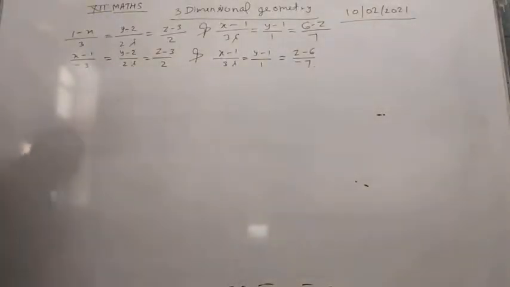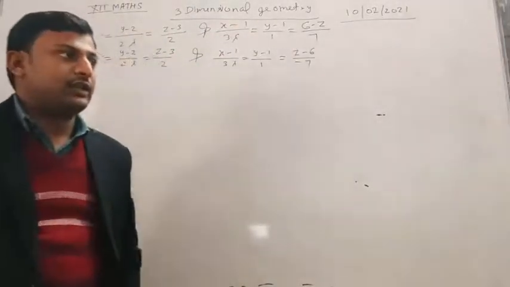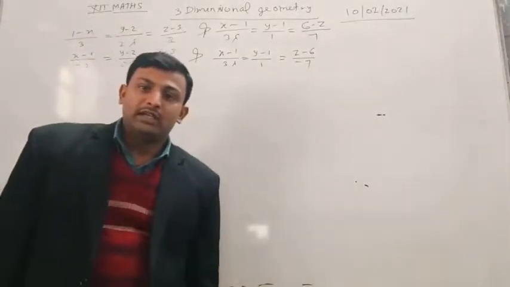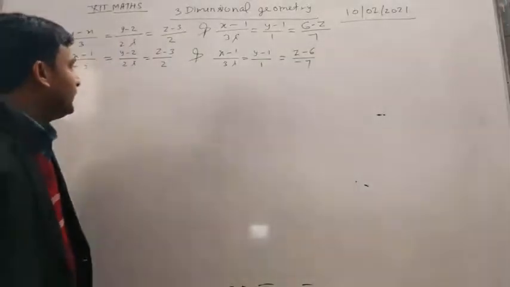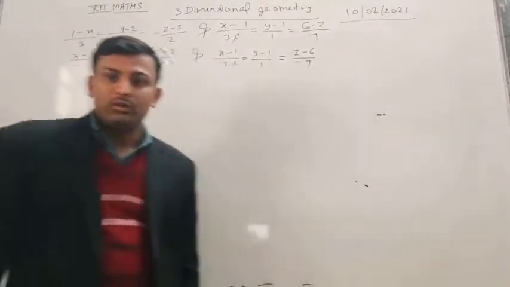Okay, students, the question says to find the value of lambda so that these two lines are perpendicular to each other. So students, you know that if two lines are perpendicular, then the condition is a1 a2 plus b1 b2 plus c1 c2 is equal to 0.